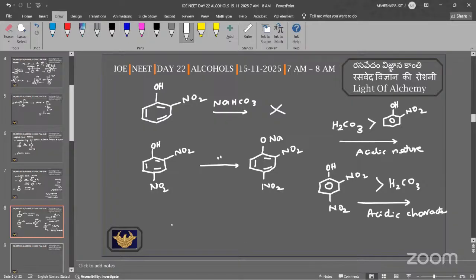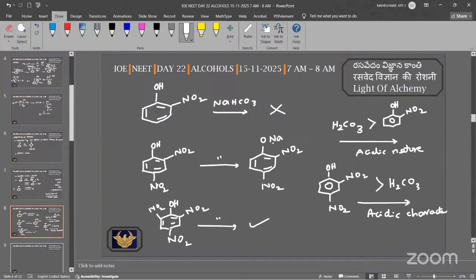Right? Now, suppose we take trinitrophenol. When dinitrophenol can give the reaction, trinitrophenol also gives. Reaction is possible. The same products will be obtained. In place of the phenolic proton, there will be sodium.